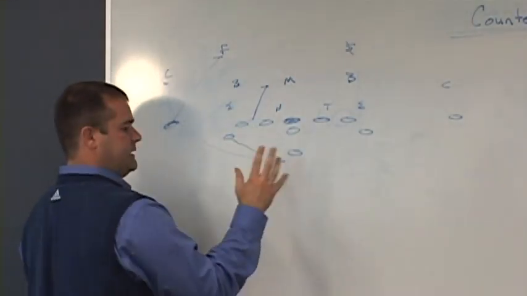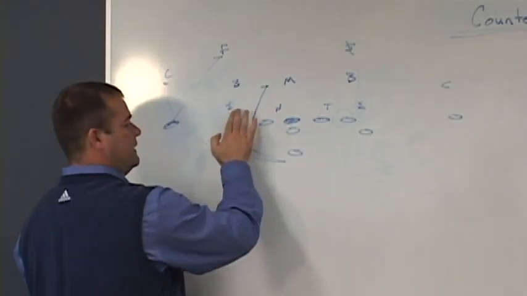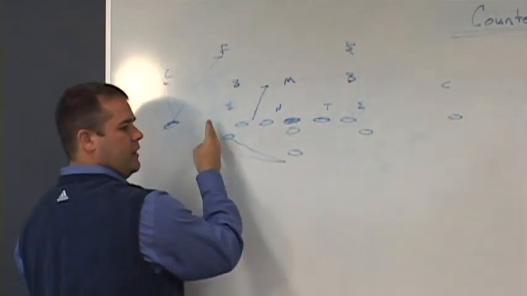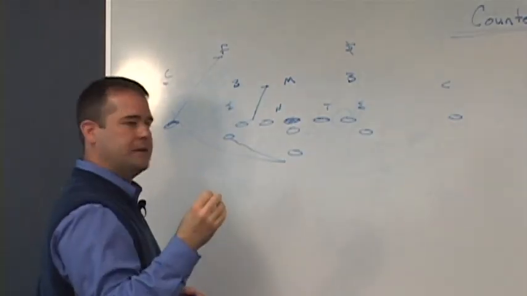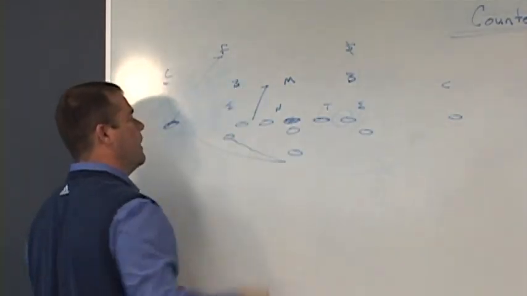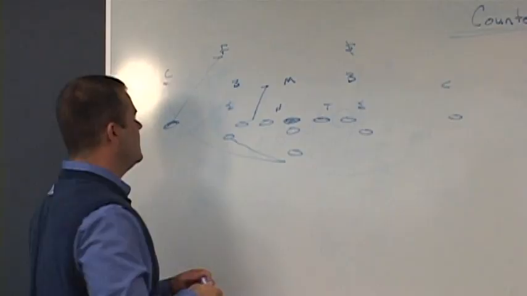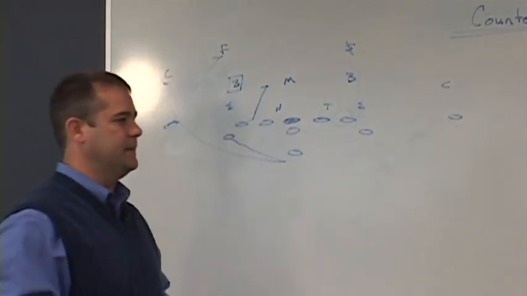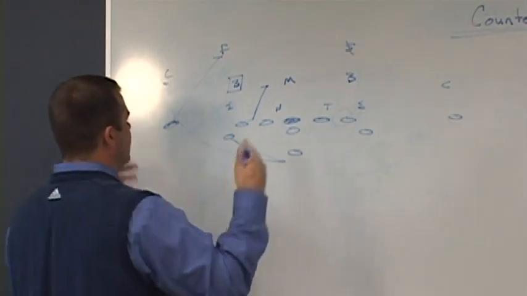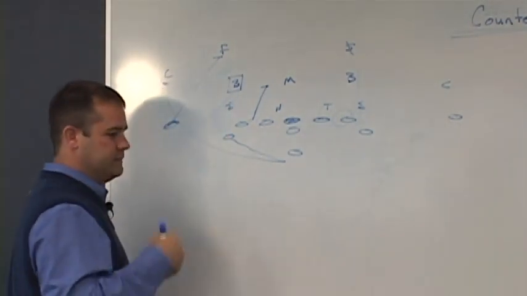If we were running inside veer, there's your handoff key, and we're getting ready to pull this guard here to always block our handoff key on counter trap option. Our pitch key on inside veer is also our pitch key on counter trap option. So there is your pitch key.